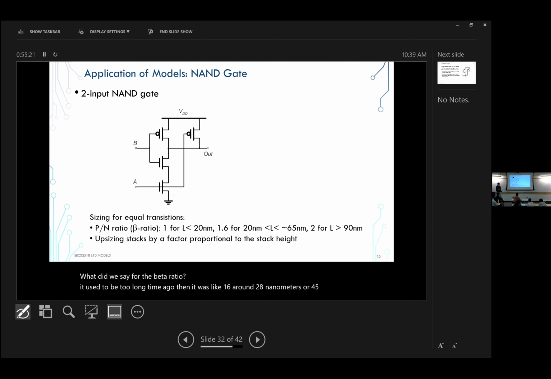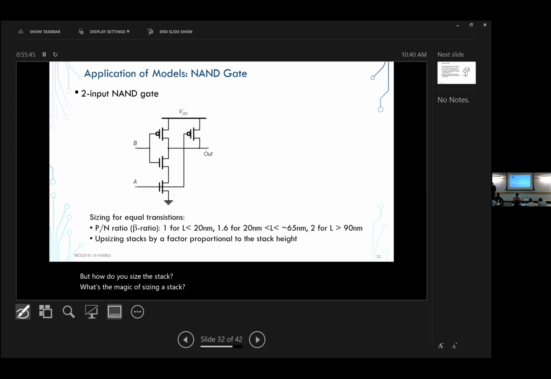And then when we got down to FinFETs where P transistors became very similar to N transistors, it became more like 1-to-1. But how do you size the stack? What's the magic of sizing the stack?